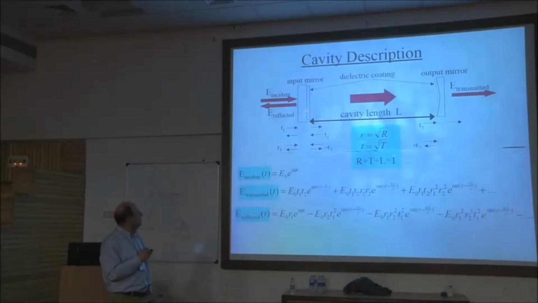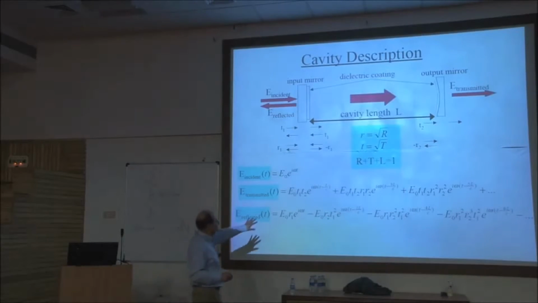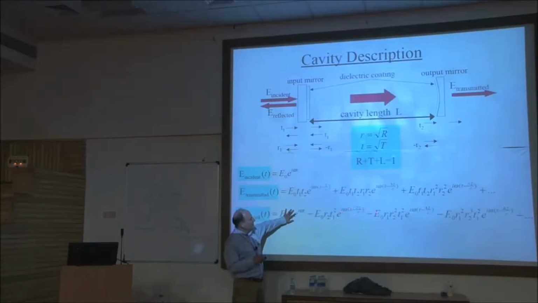And then the light that isn't transmitted doesn't pick up that second T1 yet, but it picks up an R1, another R2, and then finally a T1 here, except this light has the phase appropriate to having moved a distance 4L. And then there's the 6L, and look at the pattern that we've got.